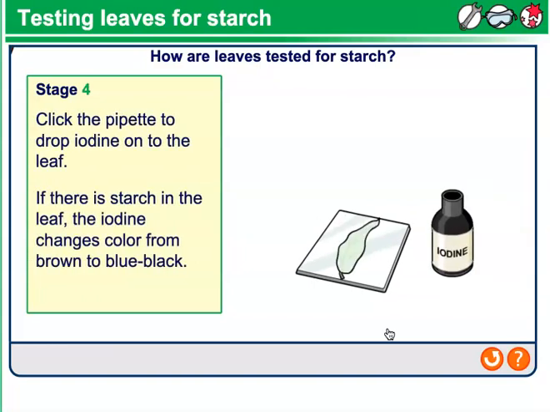Now we are going to take some iodine and place it on top of the leaf. If there is starch in the leaf, the iodine changes color from brown to blue-black. This indicates the presence of starch.